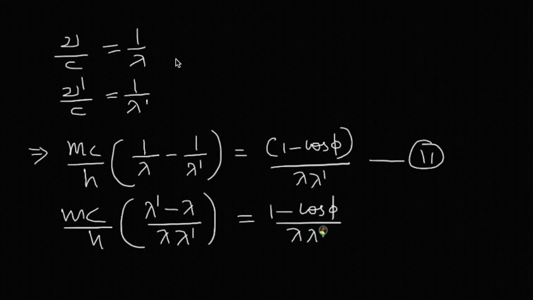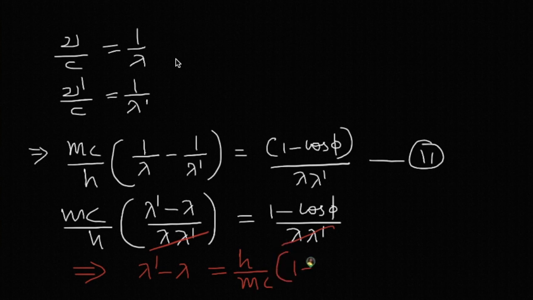You can see lambda prime and lambda we can cancel from both sides, and we are now trying to obtain an expression for lambda prime minus lambda, taking mc by h to the right hand side. We can write h by mc into 1 minus cos phi. That's equation 12 and the important result of the Compton effect.